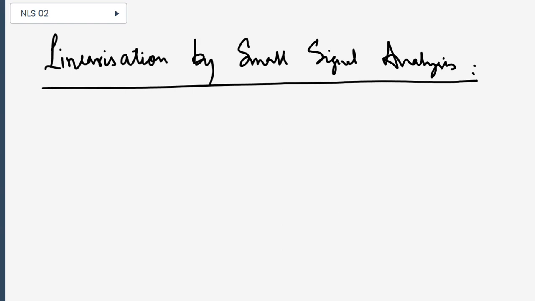So linearization by small signal analysis uses the Taylor series expansion. Using the Taylor series expansion, we find a particular operating point, and around this operating point we assume that the behavior of the system is linear in the neighborhood of this operating point.